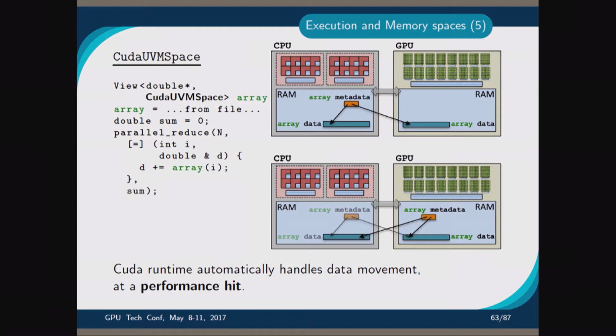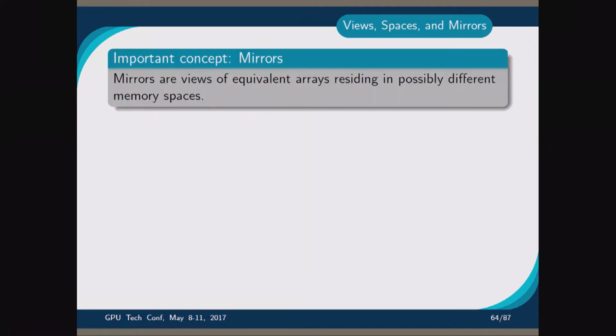And you get a performance hit. One of the problems, if you try to concurrently access from the CPU and from the GPU, all sorts of nasty things happen because it can't keep track of which one is the right one to be accessing. So it's what I call the training wheels, and because it will cause later problems, you want to take those training wheels off as soon as you can learn how to.